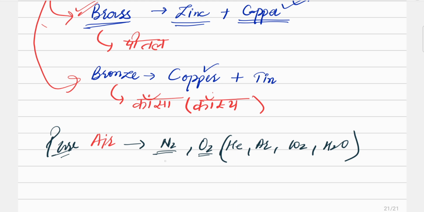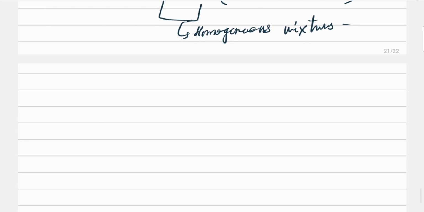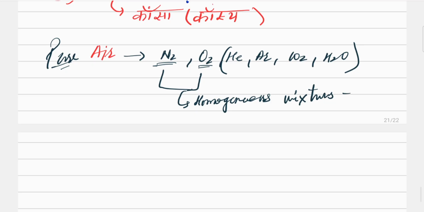So they are homogeneous mixtures once again. Fine. So these are a few examples of homogeneous mixtures, or we can say solutions. So there are a lot of examples where we are using these solutions.